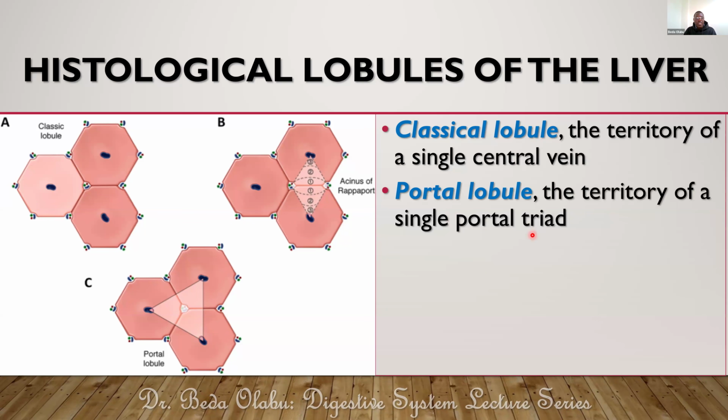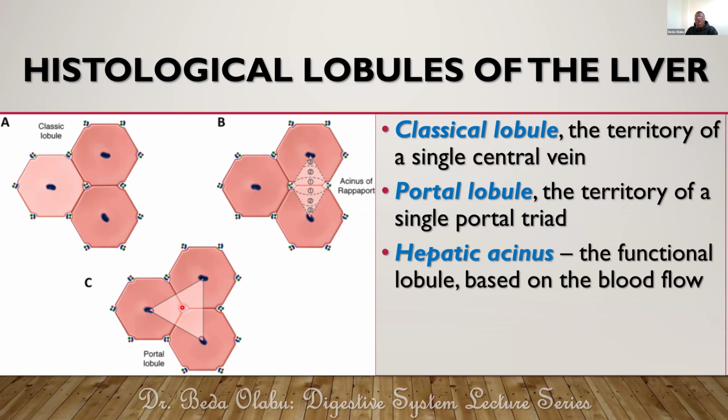The portal lobule represents the territory that is supplied by a single portal triad. That territory will traverse at least 3 classical lobules in this particular view. Remember, it is triangular in shape.